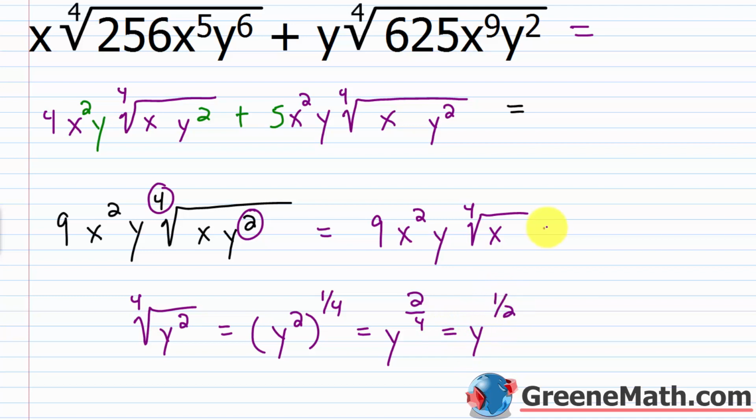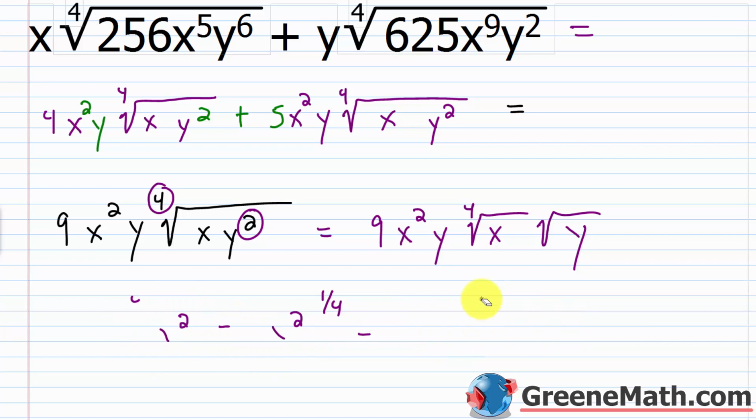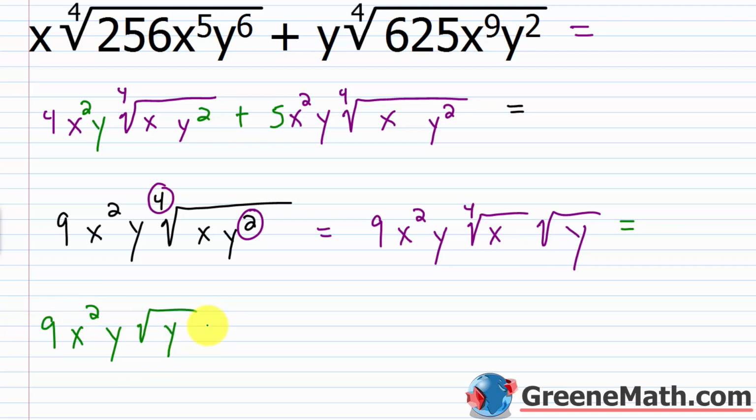So then you can put times the square root of y. And if you wanted to make that a little bit clearer, we can put a multiplication sign there because I know it's kind of jumbled up. So let's write this as 9x squared y, I'll put times the square root of y, and I'll put times the fourth root of x.